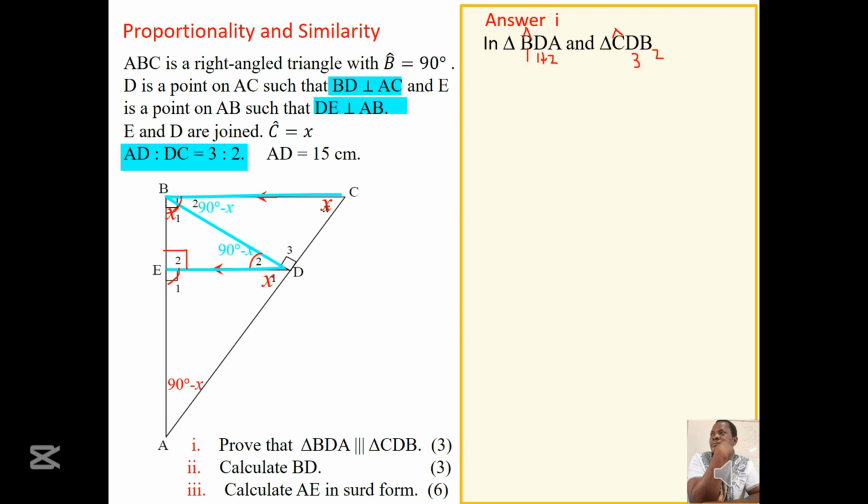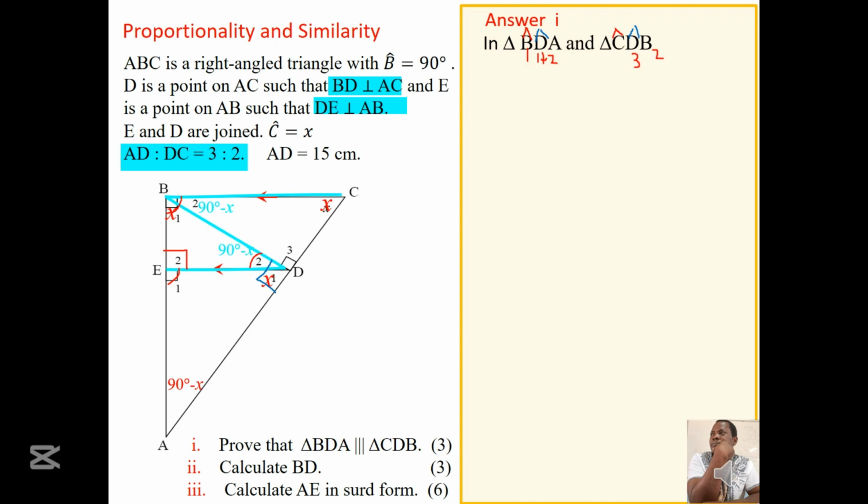And you must give a reason why you say they are equal if they are. Then we look at the next angle, the angle at D and the angle at D. So it's angle D1 plus D2, this whole angle here, versus angle D3. And we can see that they are both equal to 90 degrees, therefore they are equal.